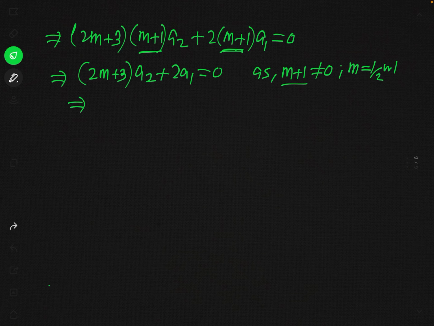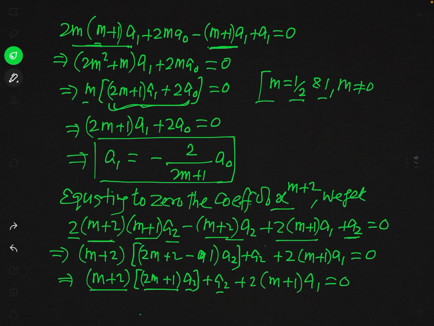And from here you can easily find the value of a2 in terms of a1. So what will this be? This will be minus 2 over 2m plus 3 into a1. But we have already calculated the value of a1 in terms of a0, and I have told you earlier that all the coefficients a1, a2, a3 and so on will be obtained in terms of a0.